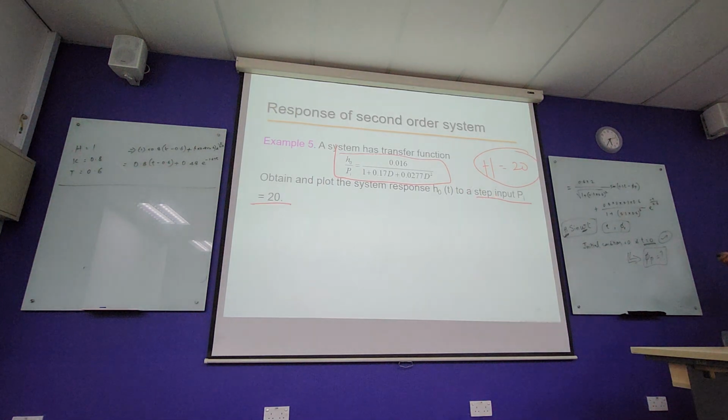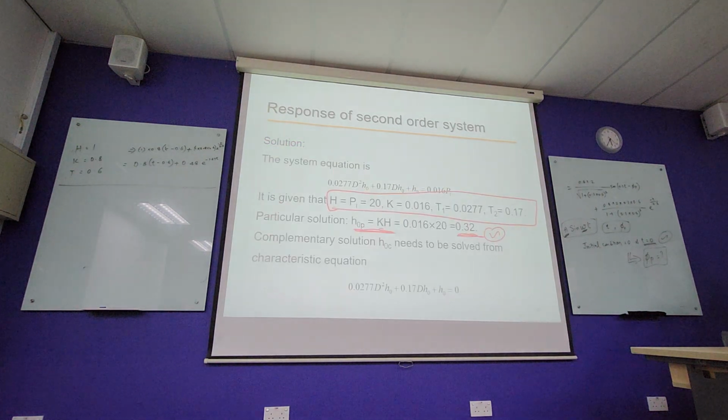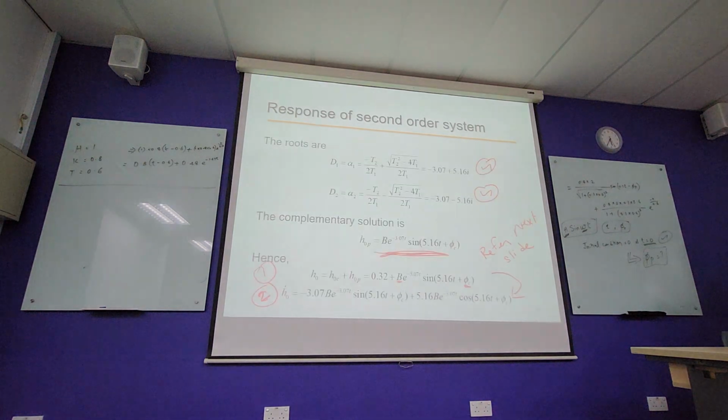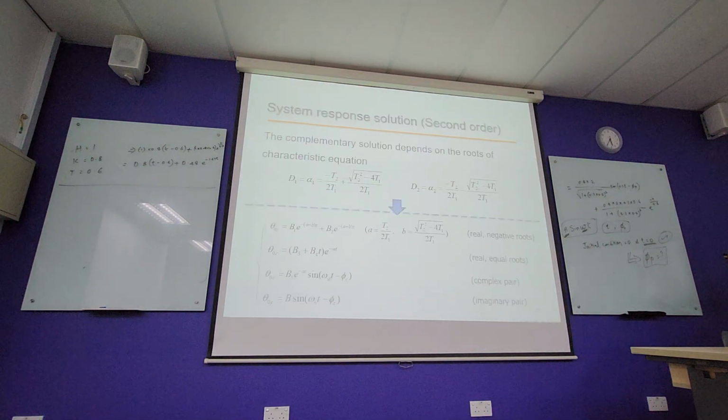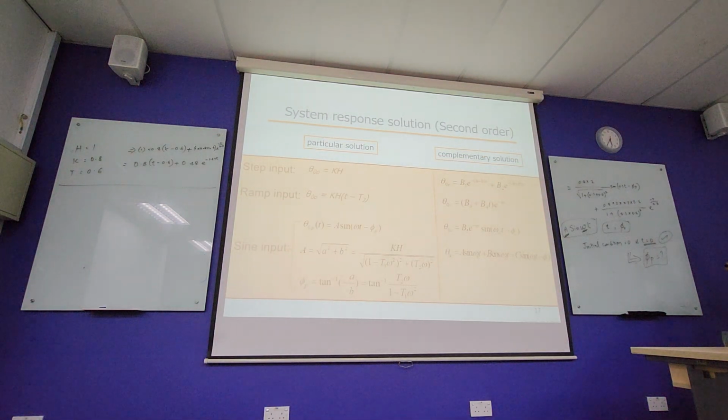The first one is step input, and when the value is given, that value is nothing but h. The formula for the step input is k and h, the gain constant times h.